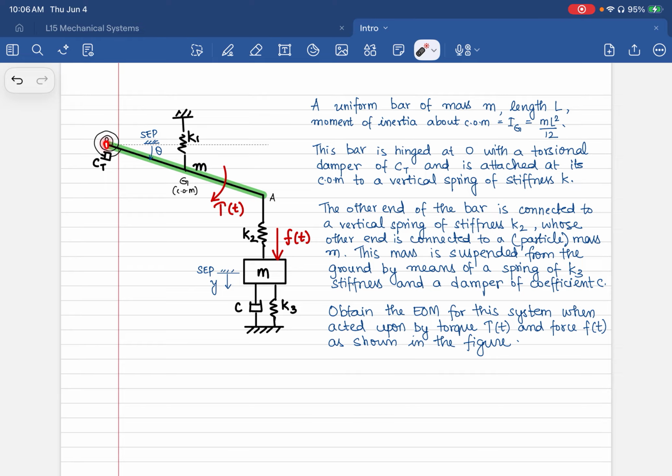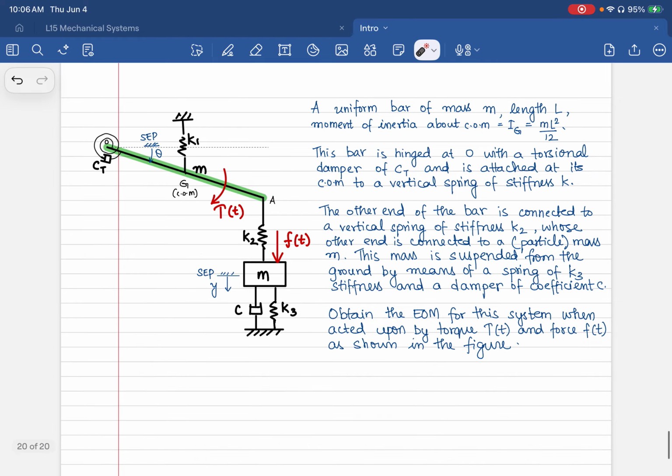It is hinged at O with a torsional damper of C_t and is attached at its center of mass to a vertical spring of stiffness K. Other end is connected to a vertical spring of stiffness K2, and then the other end of this spring is connected to a particle of mass M. The system is suspended from the ground by means of another spring K3 and a damper of coefficient C. Obtain the equation of motion for this system when acted upon by this torque tau of t and the force F of t. First, will gravitational forces have to be included in the free body diagram?